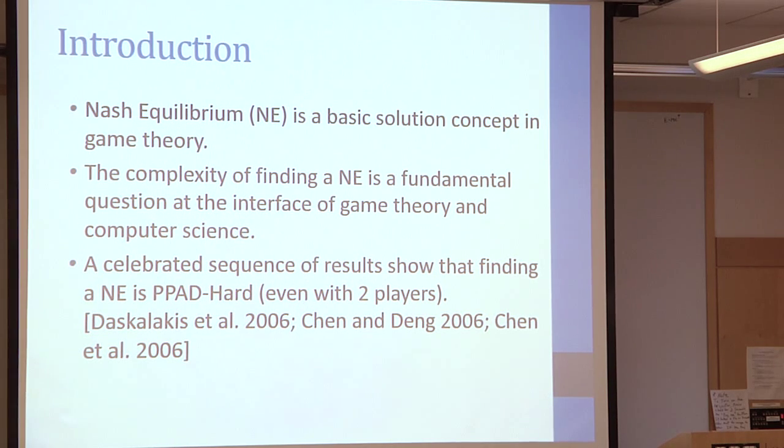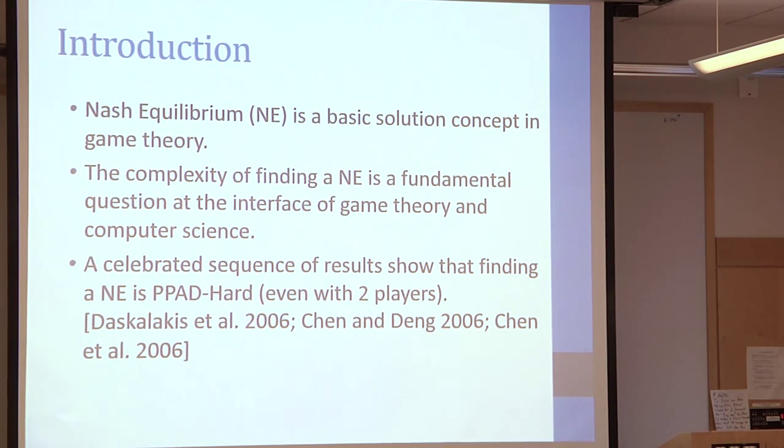Okay, so Nash equilibrium is the most basic solution concept in game theory. It tries to predict what people do in dynamic games where they compete with each other and have conflicting goals. And finding a Nash equilibrium, or the complexity of finding a Nash equilibrium, is one of the main questions in the intersection of game theory and computer science.